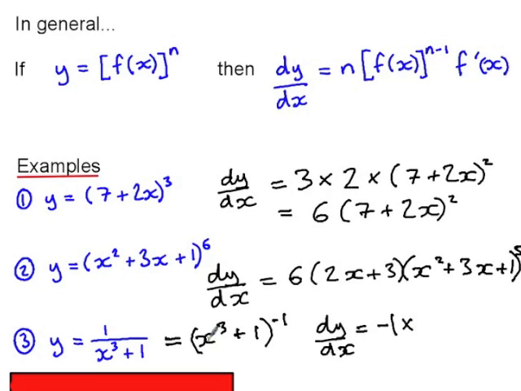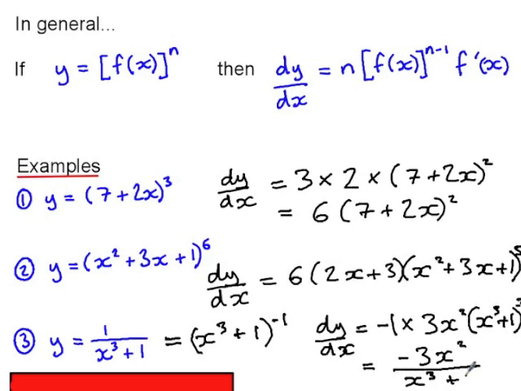We multiply by the derivative of the function, so this is 3x squared. We leave the function in the brackets and reduce the power by 1. So simplifying, because I've got a negative 2 as my power at the end, that's going to be my denominator. So this is negative 3x squared over x cubed plus 1 squared.